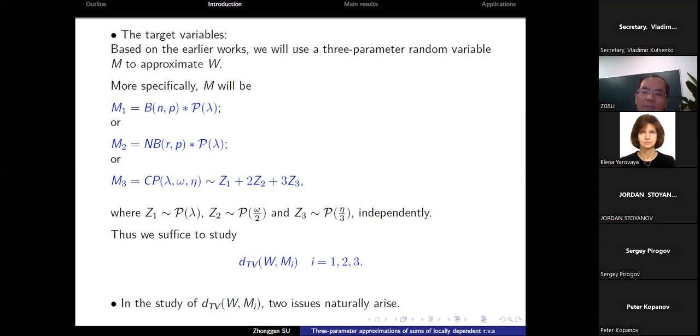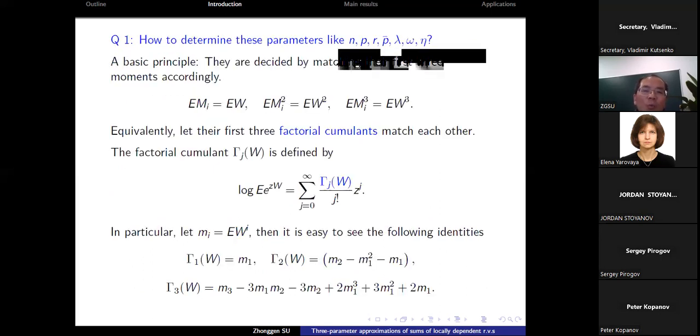Now we have 2 further issues. First one is how to determine these parameters in M1, M2, or M3. As a basic principle, we decide these 3 parameters in each random variable by matching their first 3 moments.